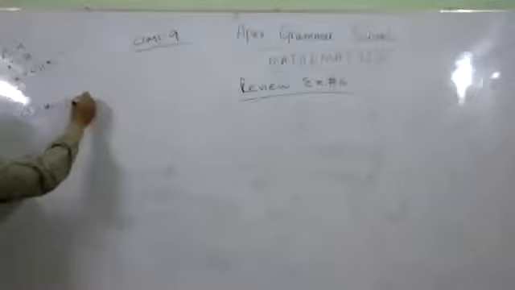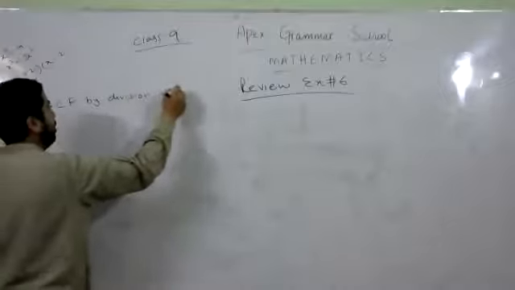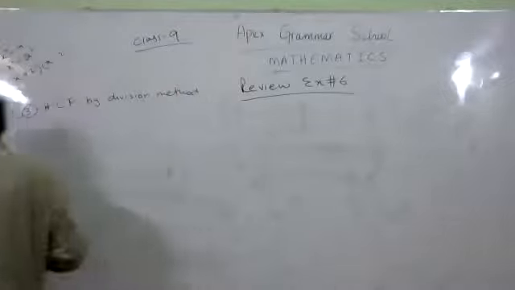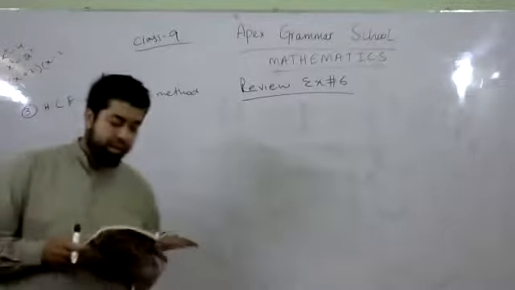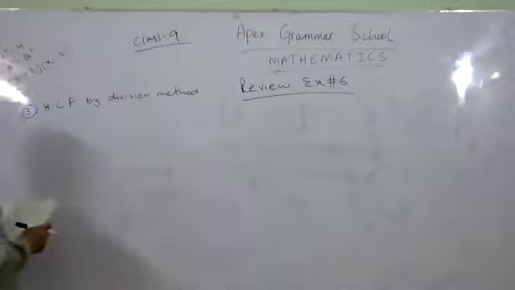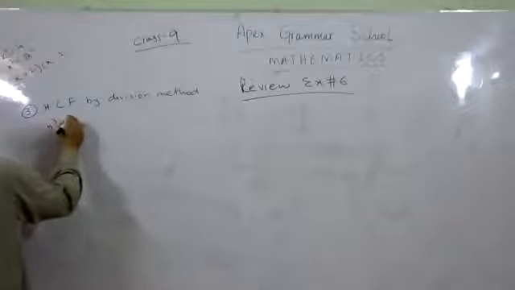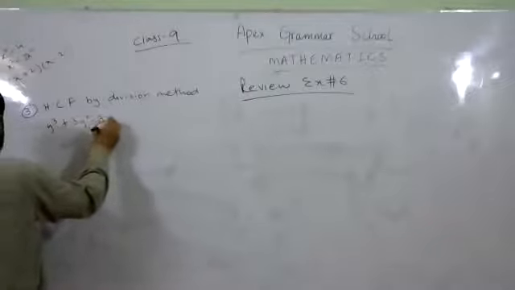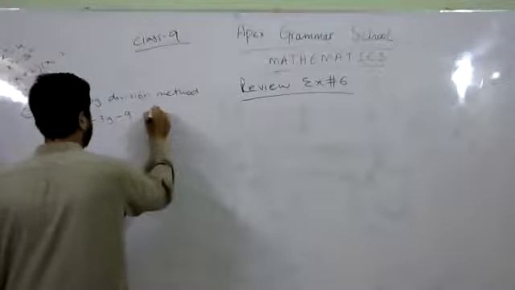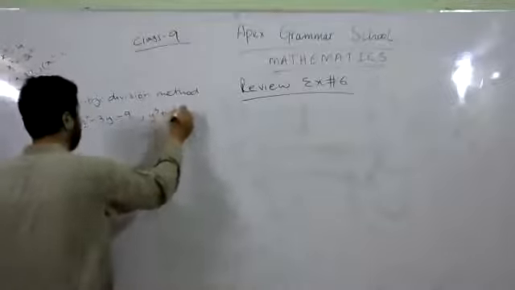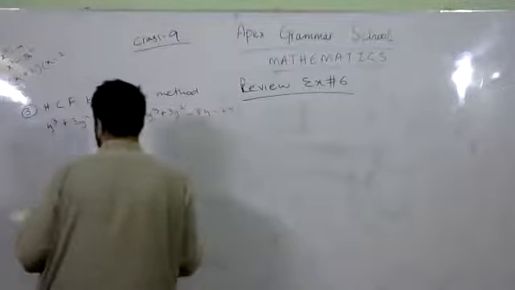HCF by division method. We have already done these questions. So again, this is in review part: y cube plus 3y square minus 3y minus 9, and then y cube plus 3y square minus 8y minus 20.